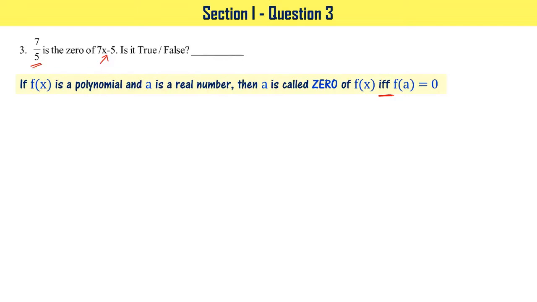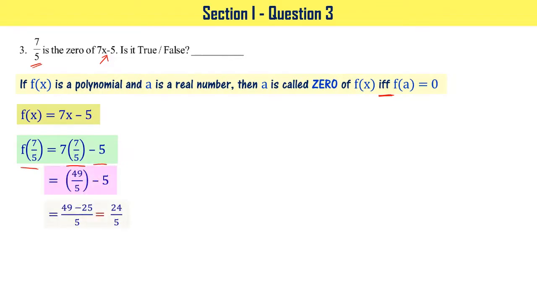Let's do that now. Let me call the given polynomial as f of x equal to 7x minus 5, and let's substitute 7 by 5 for x. It means it is going to be f of 7 by 5, that is equal to 7 times 7 by 5 minus 5. When you simplify it, you get the answer as 24 by 5.